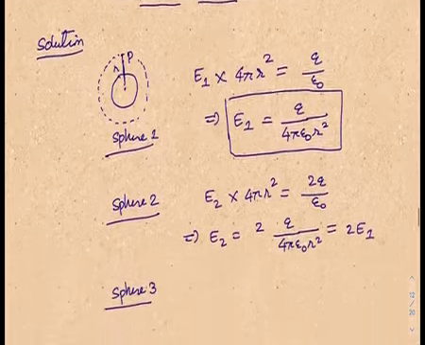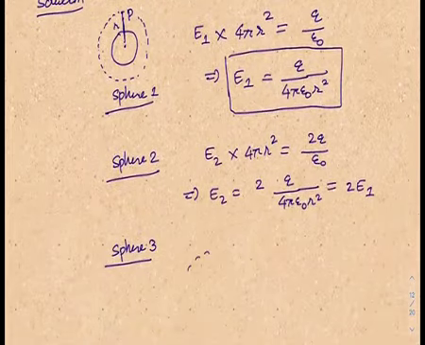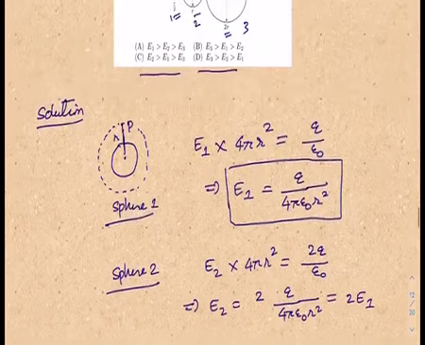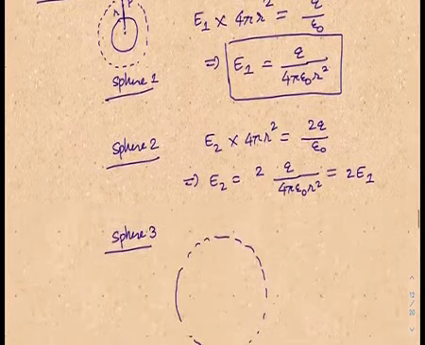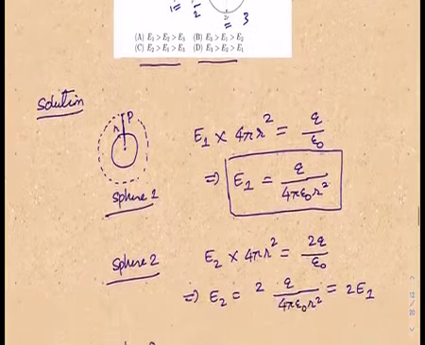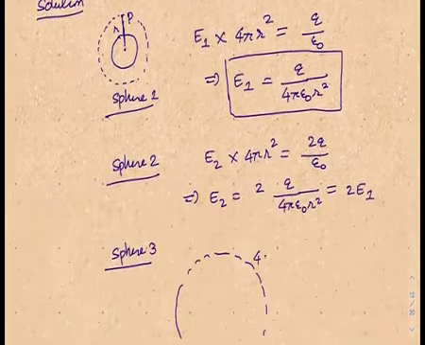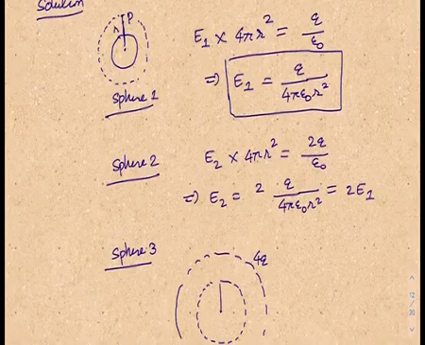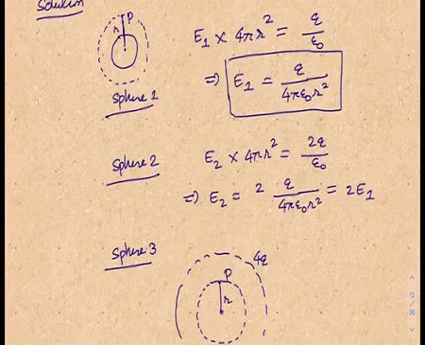Now in this case, the solid sphere has radius 2r, and the charge 4q is distributed uniformly, but you are asked to find the electric field at a point P which is inside the solid sphere, at a distance r.